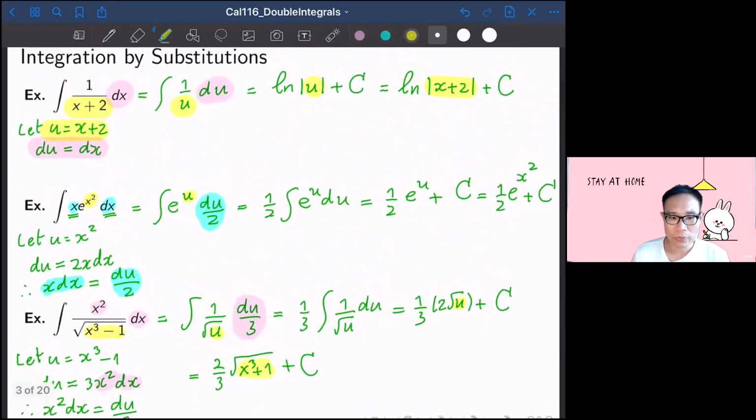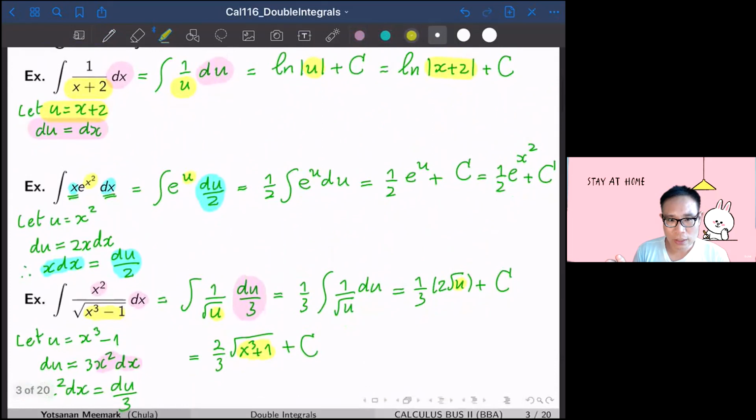It's used for functions that turn out to be a product or a quotient, and we don't have the quotient rule or the product rule for integrating. This one you have been studying from calculus 1 already. So we're going to use it in calculus 2 when we compute the double integral in this chapter, and we're going to use it when we solve differential equations in the next chapter.